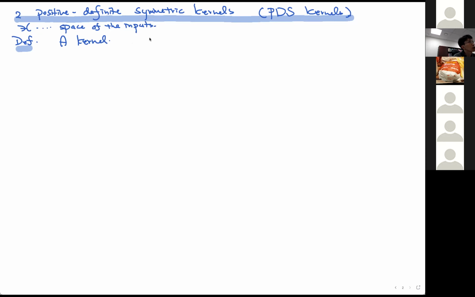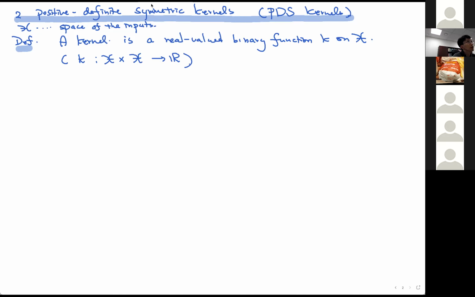And then a kernel is just a real valued binary function K on X. In other words, the kernel is nothing but a function of the following type: you take two x's and return a real number. That's the definition of a kernel.